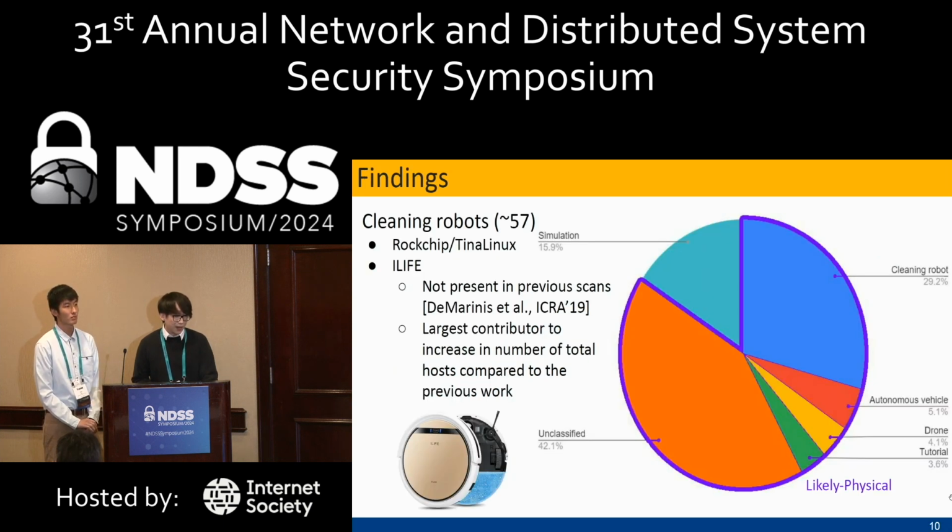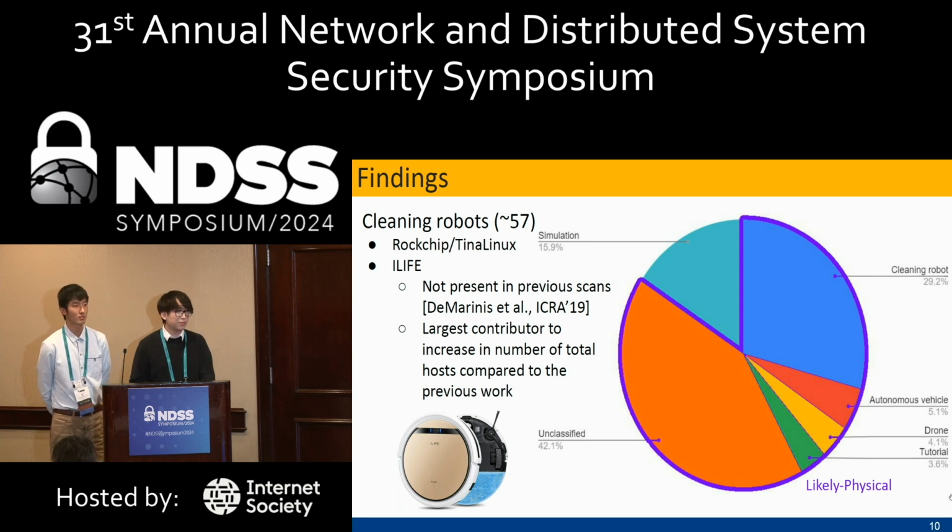Now we'll highlight some of the most notable robot types that we found. This chart on the right shows the different robot type categorizations that we were able to identify. It shows one category for simulations, and the rest are instances of robots of various specific types, like cleaning robots and drones, all of which are highlighted in purple here, show no evidence of being simulations, and so we categorize them as likely physical.